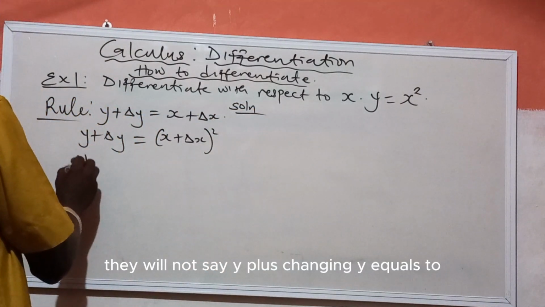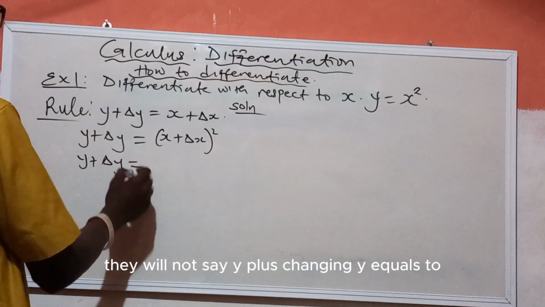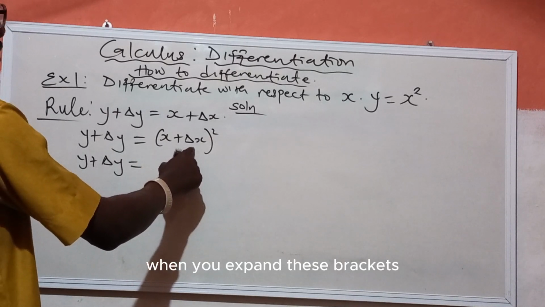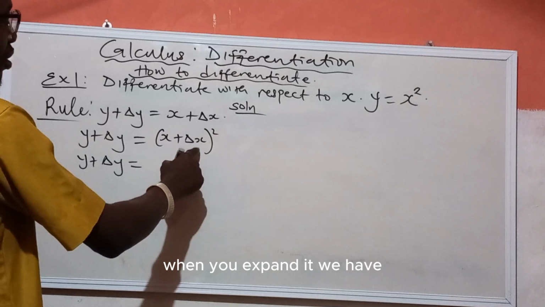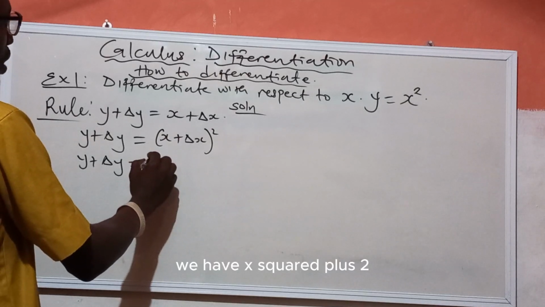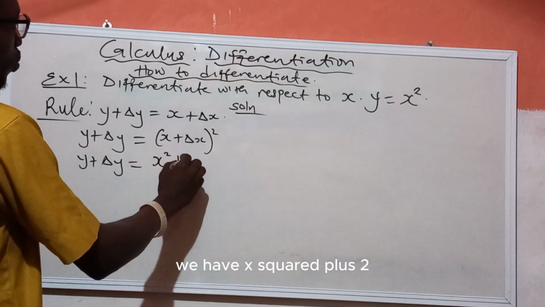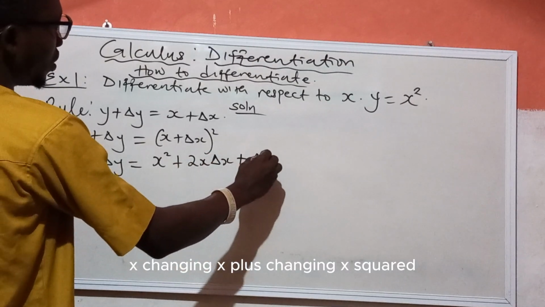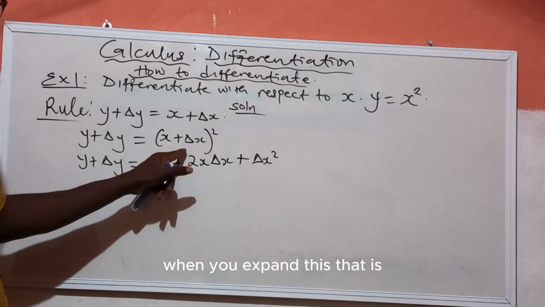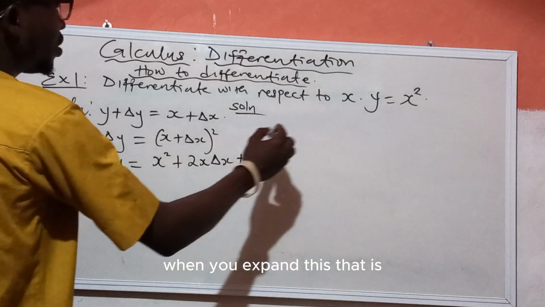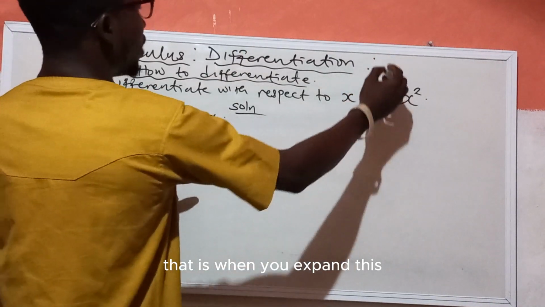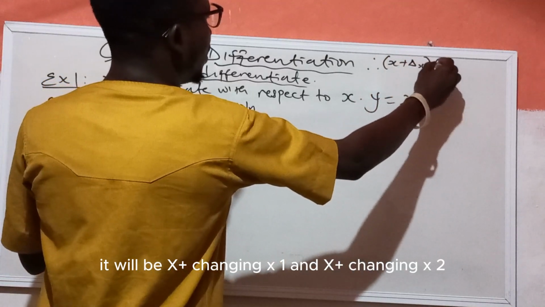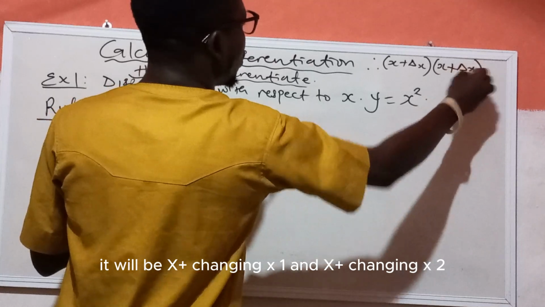Then we'll now say y plus change in y equals to, when you expand these brackets, we have x squared plus 2x change in x plus change in x squared. When you expand this, it will be x plus change in x 1 under x plus change in x 2.